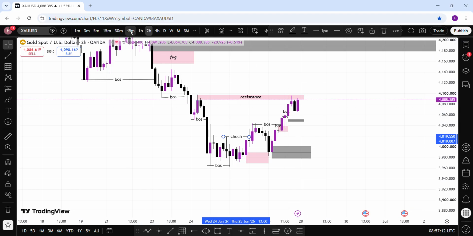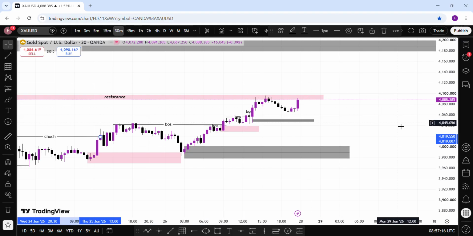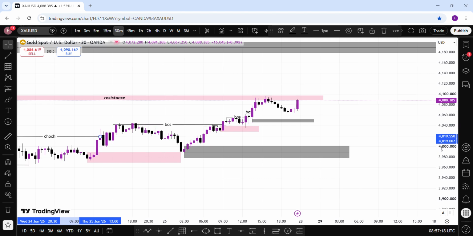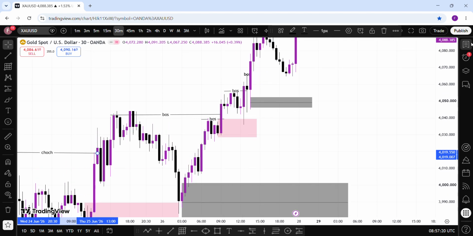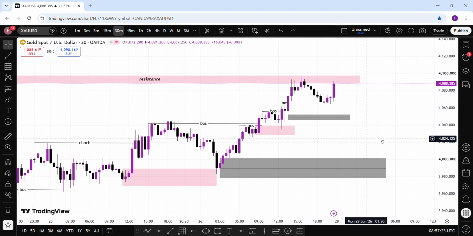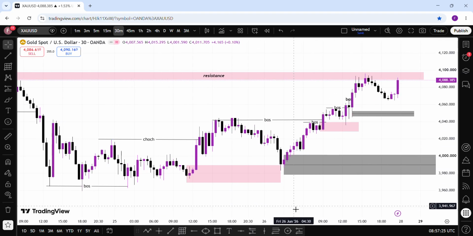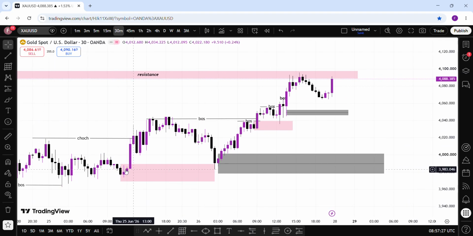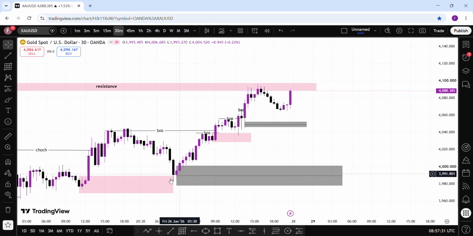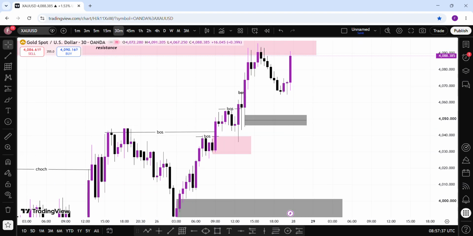So let's go down to lower time frame. Let's go down to 30 minutes and understand the structure better. We have this middle price tapped into here, so we are done with that. So we have this break of structure here, and this is the other block, but it's very, very far from where price is.